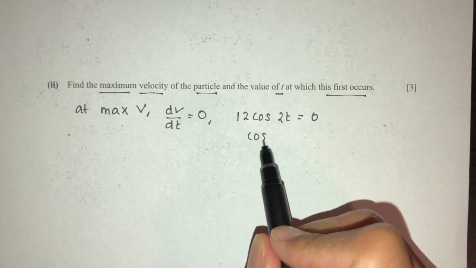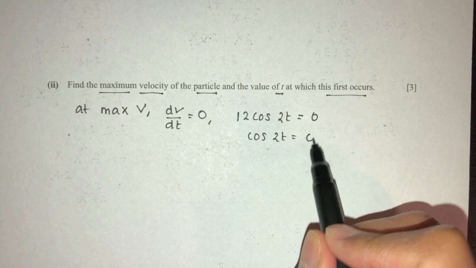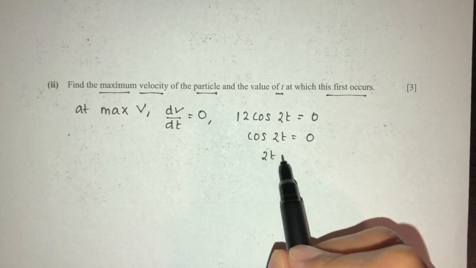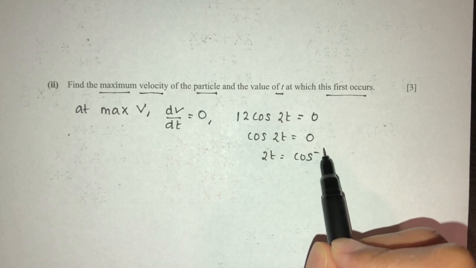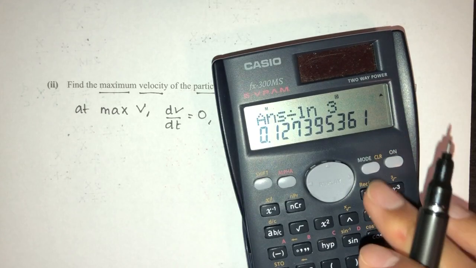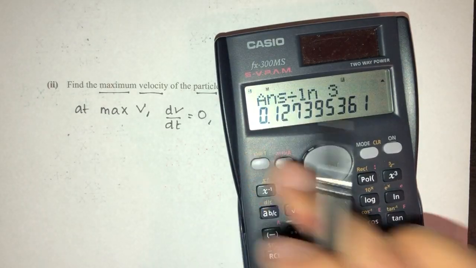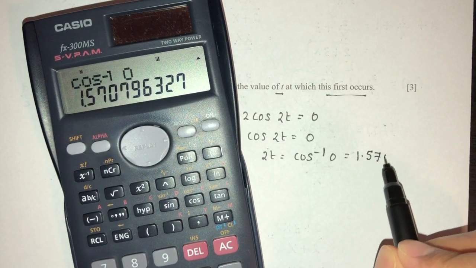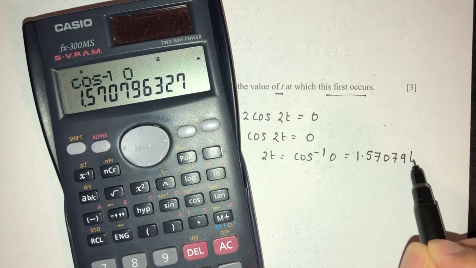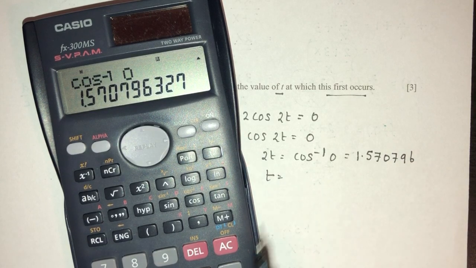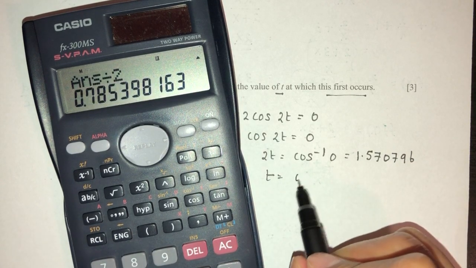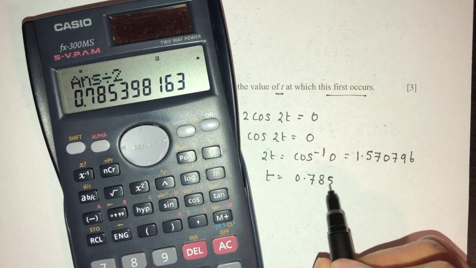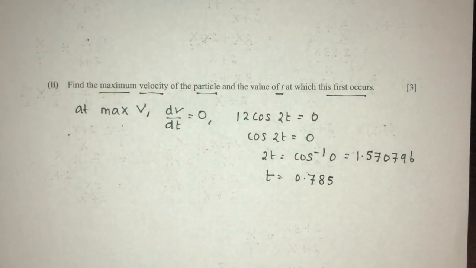This gives you cos 2t is equal to 0. So 2t is equal to cos inverse of this. So we have to use radians. So cos inverse of 0, that is 1.570796. T will be what? Divide by 2, 0.785. That is your value of t.